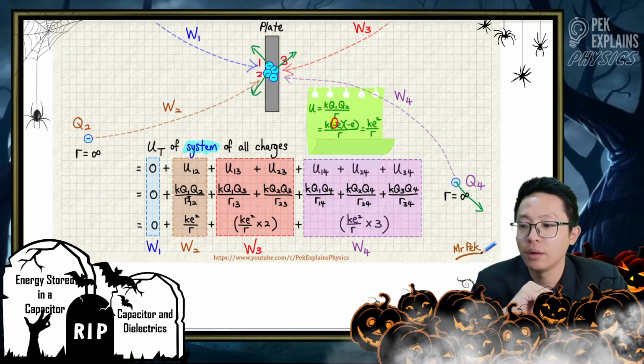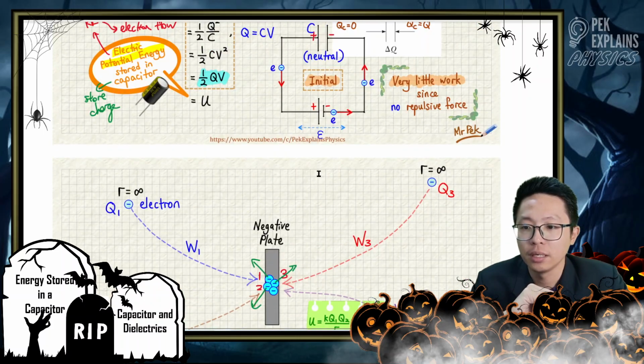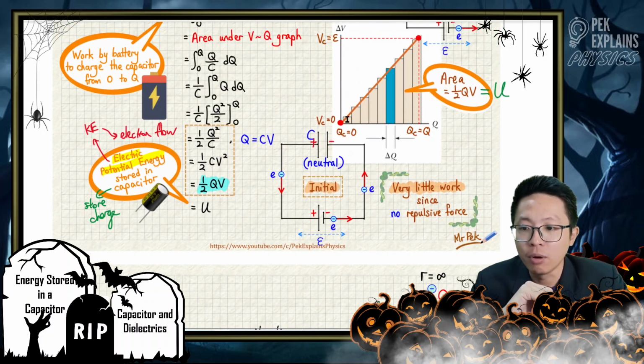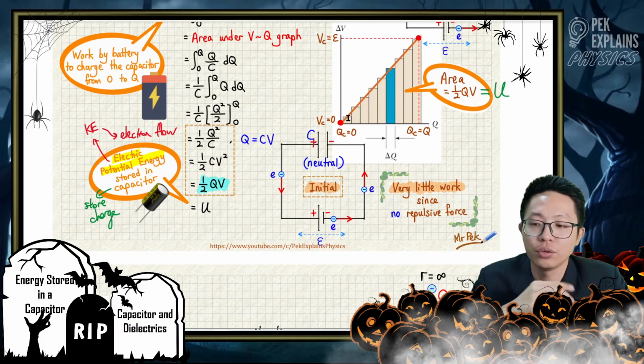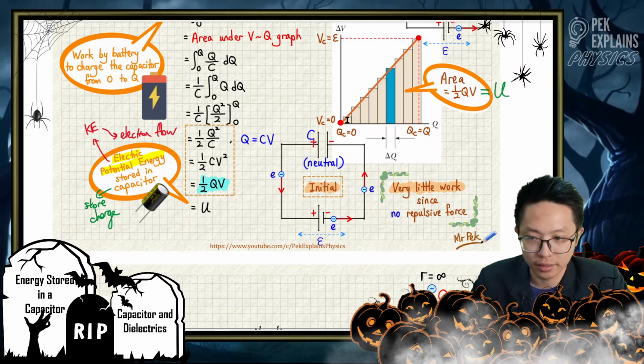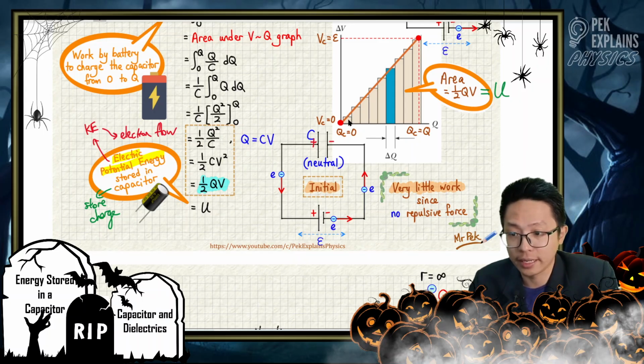So you have 1 times the electric potential energy. So the graph increases. You have a certain area already. You see this area. You have a certain energy stored already in the system.